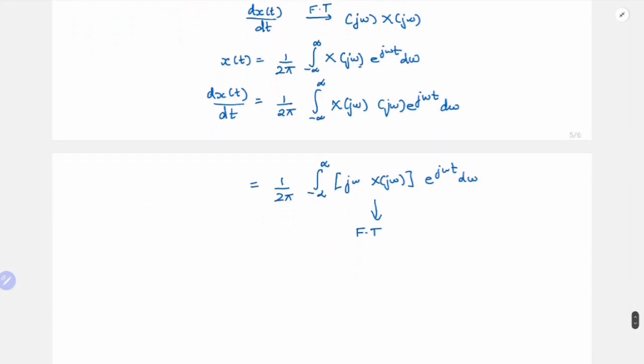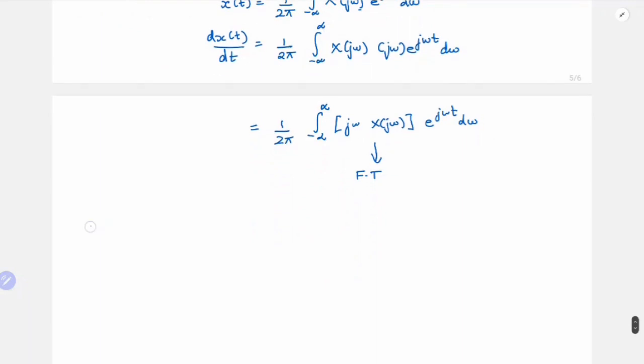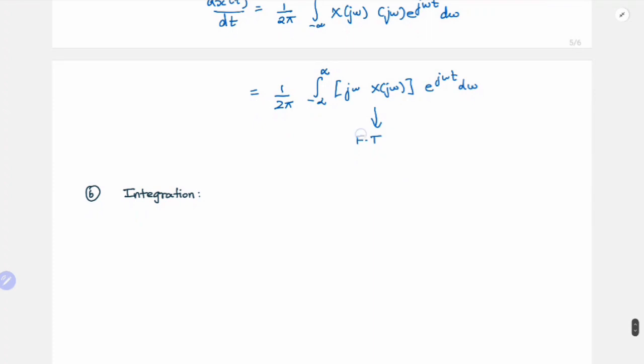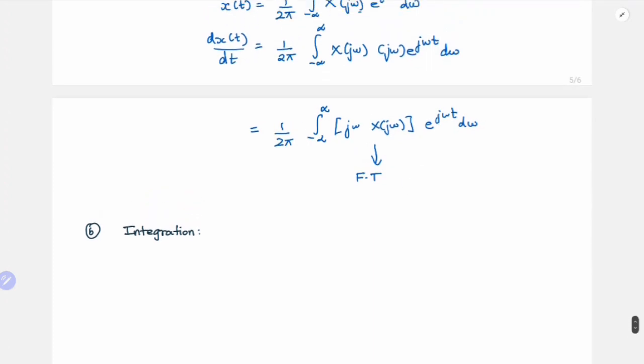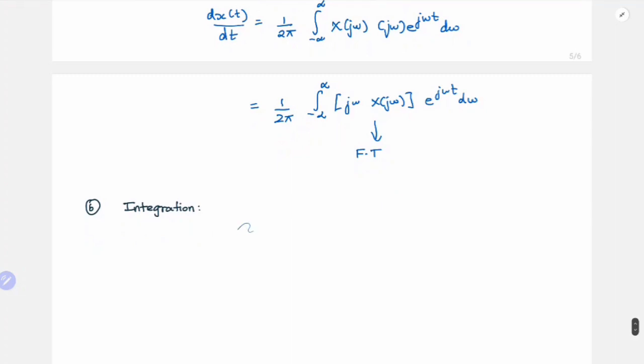So now let us see about integration. For integration, again it is just the reverse of differentiation. So we can say it is just 1 by j omega, but let us see what happens.